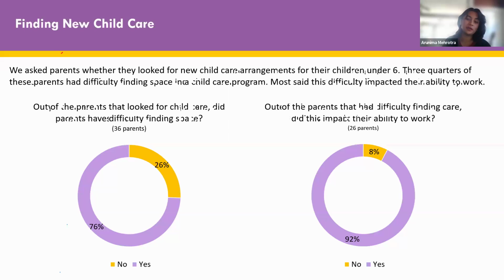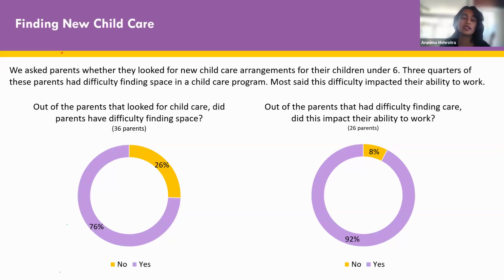We wanted to learn a little bit about parents' experiences in looking for new childcare arrangements as well. So in our 2nd survey, we asked parents if they had been looking for a new childcare arrangement for their children under the age of 6. And out of those that did look for them, almost 3/4 of them had some sort of difficulty finding space in a childcare arrangement. And out of those that experienced difficulties, 92% shared that it impacted their ability to work.